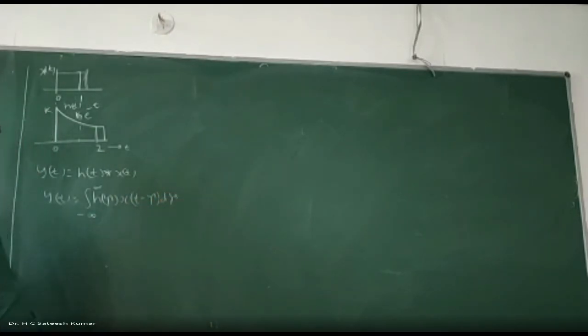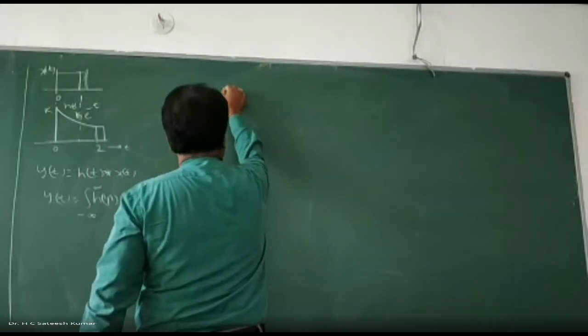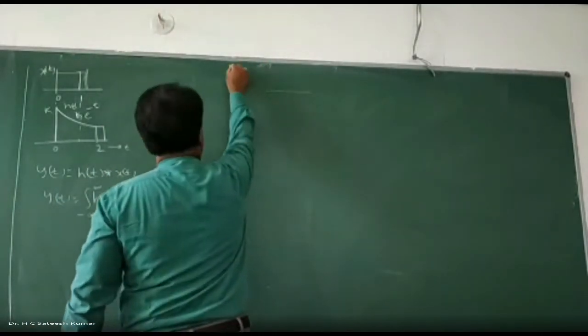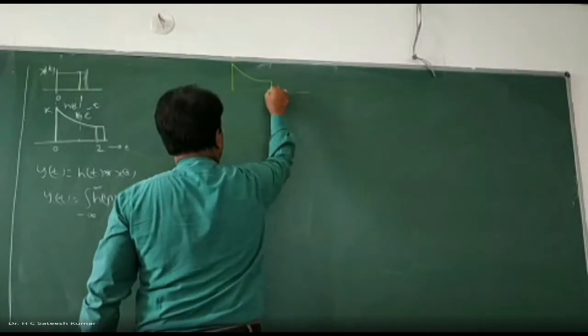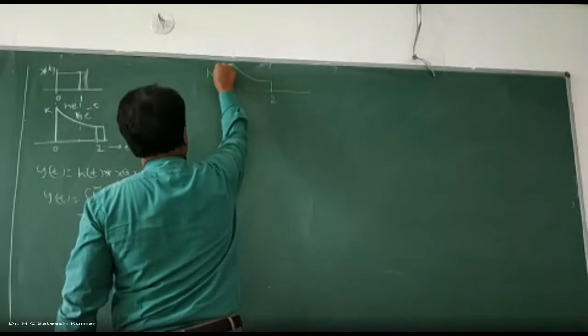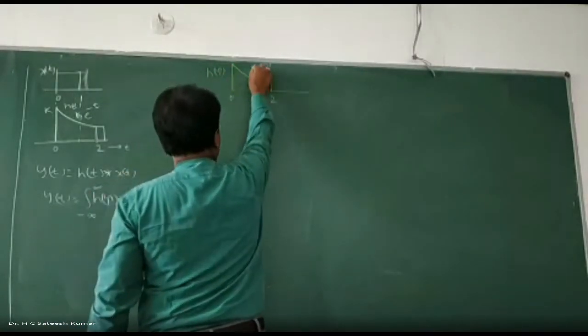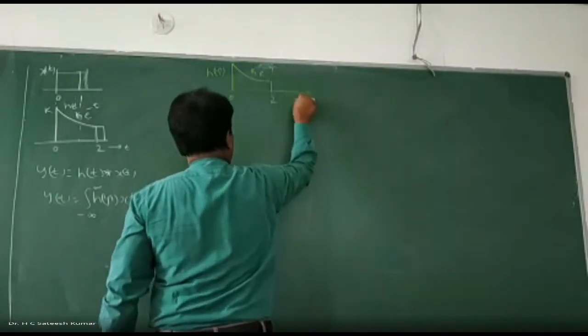Now what do we have? H of tau, zero to 2, which is nothing but k into e to the power of minus tau on the tau axis.